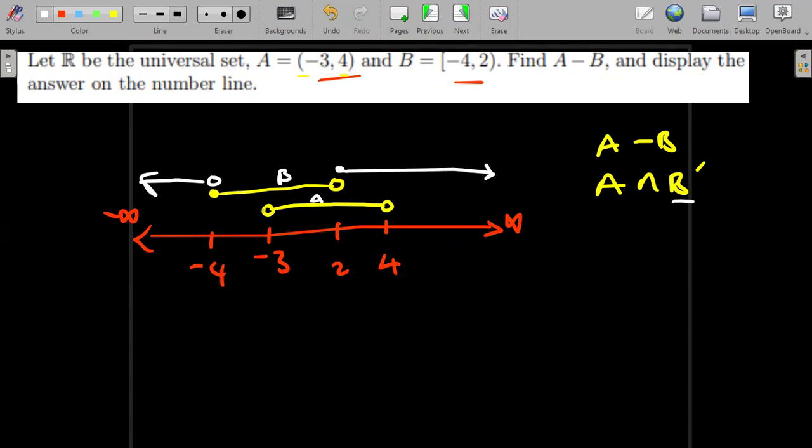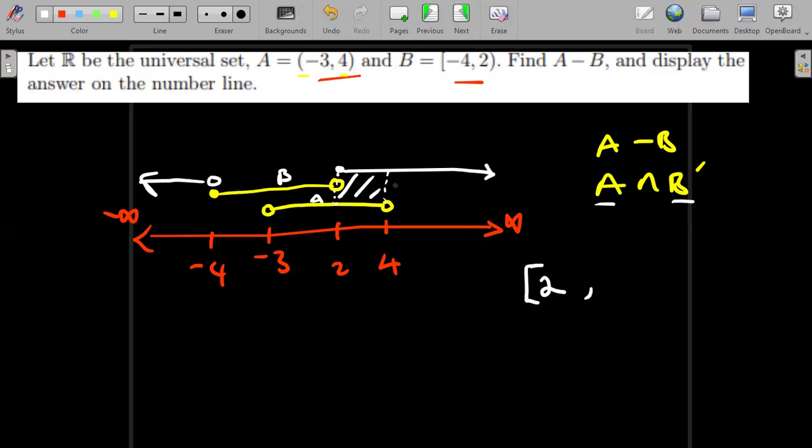Then you check now, where does this intersect with the set A? Where is the intersection with the set A? So if I was to drop this dotted line like this down and there, I can see that this here is my intersection. So now my intersection, at 2 it is closed, and 2 is part of A. As you can see, it's in the set A, meaning at 2 there it will be closed.